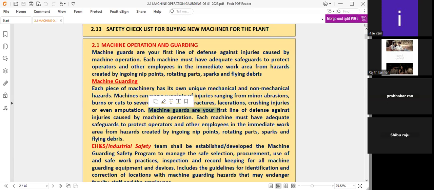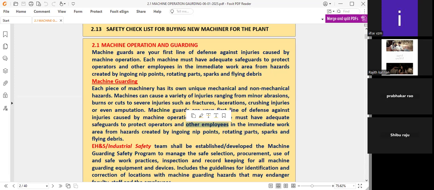See, for example, why this part is very important. Each machine must have adequate safeguards to protect operators, no doubt. Direct operators are there who operate isolators, suction valves, delivery valves and so on, and other employees who are working nearby, like mechanical fitters and helpers, in the immediate work area. There may also be shaft issues, or spillage of liquor from the flange joint. If the guard is not there, definitely the surrounding workers are also affected and hazards may take place.